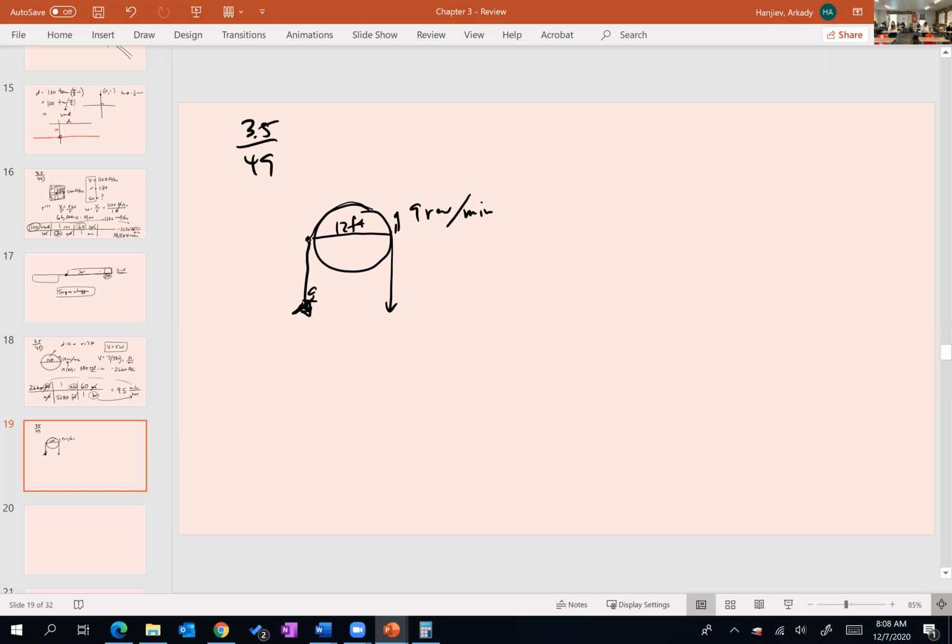This is 9 revolutions per minute. I think you want it in terms of omega here. You just want the radius out of here. So I think you want those two pieces. And then we got ourselves this little formula that will happen.